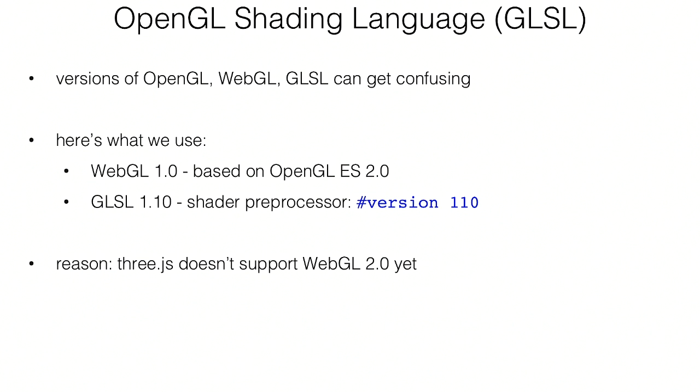So there are many versions of GLSL. The one that we end up using, we're forced into because Three.js doesn't support WebGL 2.0 yet. So we are stuck with using WebGL 1.0, which is based on OpenGL ES 2.0, which forces us to use GLSL version 1.1.